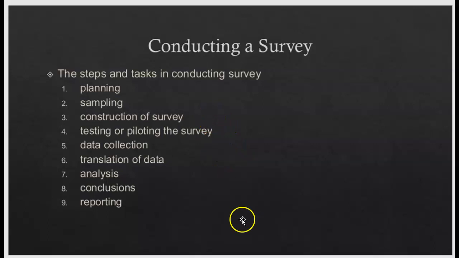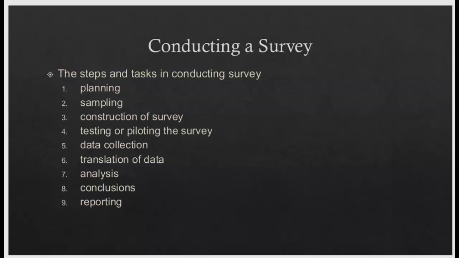When you conduct a survey, it's important that you understand that survey construction has to follow certain guidelines in order to be valid. So you need to plan for your survey. You need to sample. Who are you going to sample? What are the people you're going to pick? You need to construct your survey. You need to test it.